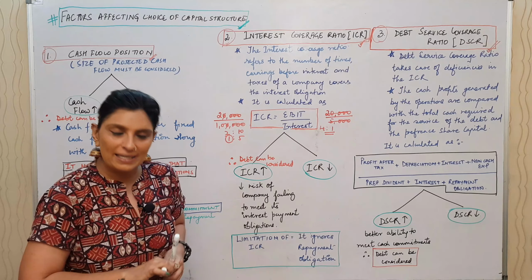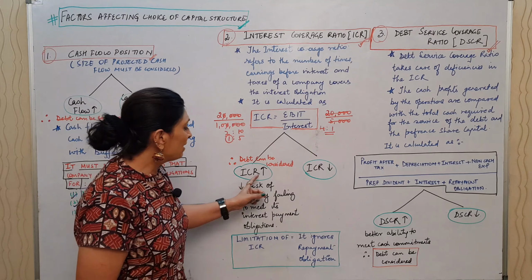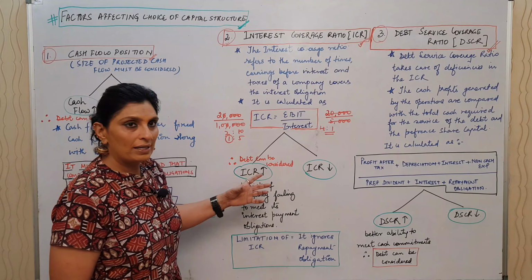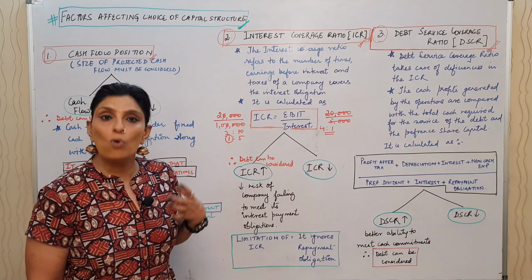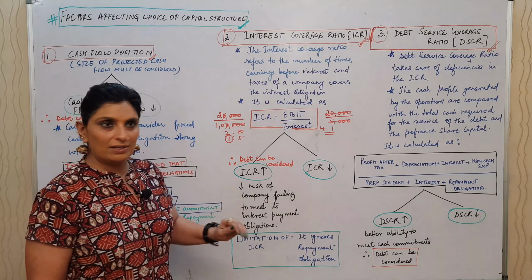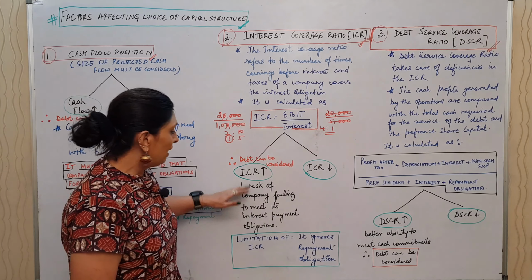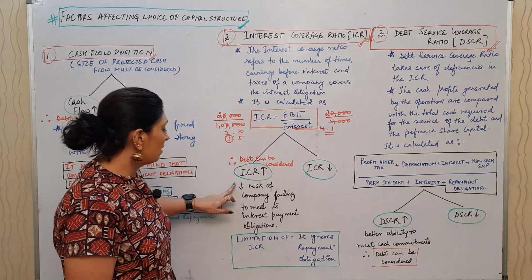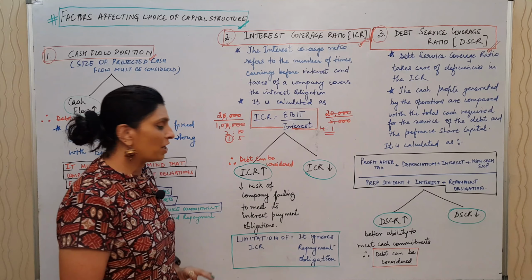Not feasible? Exactly. This is what interest coverage ratio talks about. If the interest coverage ratio is more, that means your earning before interest and taxes is more and you can cover more interest, that can be considered. But if the interest coverage ratio is less, that is not considered. A higher interest coverage ratio lowers the risk of the company failing to meet its interest payment obligation.